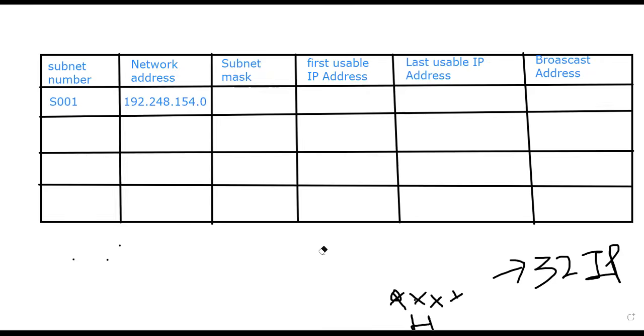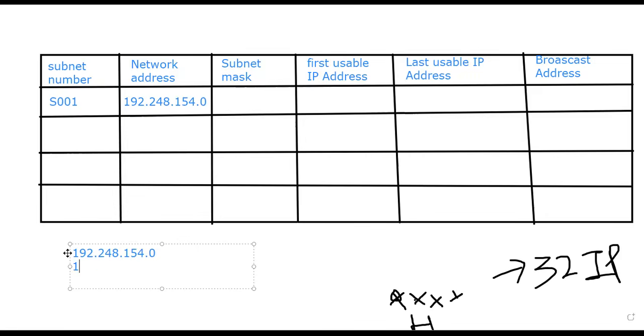So here in this case it's going to be 192.248.154.0, and each subnet contains 32 IP addresses. Then if you add 31 to this, it is going to be 32.